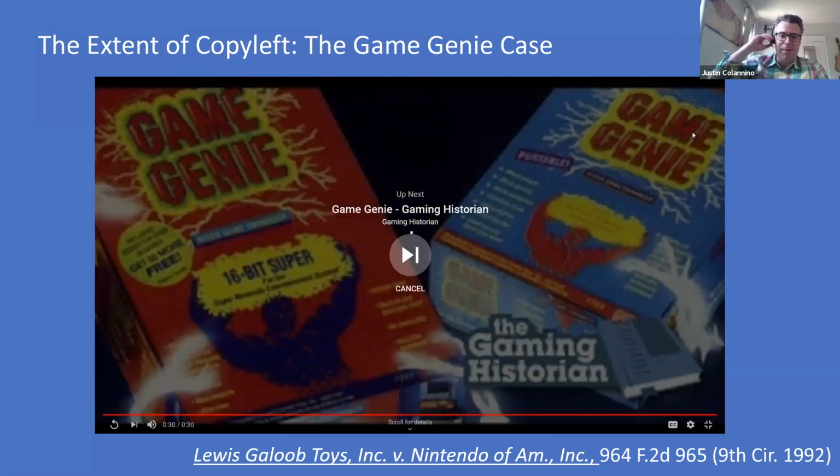All right, so the Game Genie case, one of my favorites. Now let's put aside the copyright issue of, was that a derivative work of Bill and Ted's Excellent Adventure? Let's instead focus on what was going on in the Game Genie case. The Game Genie was a cartridge, if you couldn't figure it out from the commercial, that you would put between a game cartridge, like let's call it Super Mario Brothers, and your Nintendo or Super Nintendo or whatever.